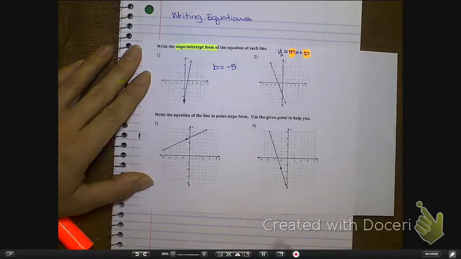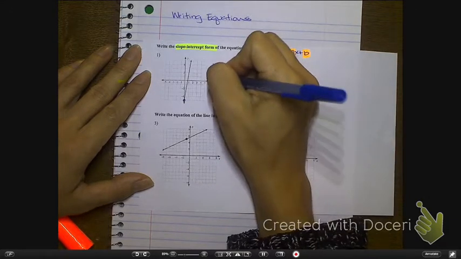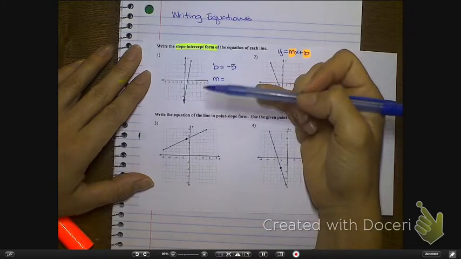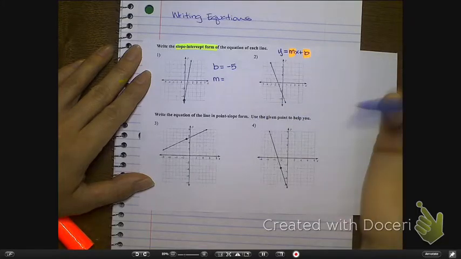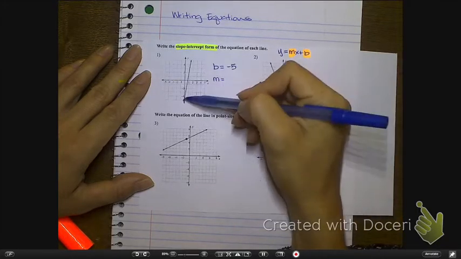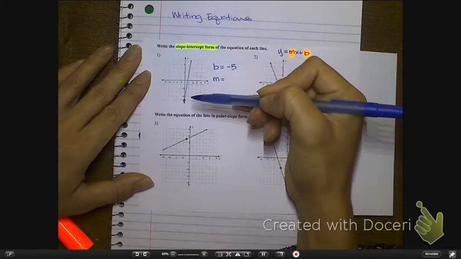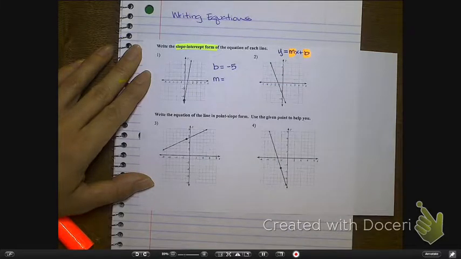Okay, now we want to find the slope. So the slope is going to be my rise over my run to the next good point on the graph. Now, if I pick a point like here, that's not a very good point because it's right in between the grid lines, right?